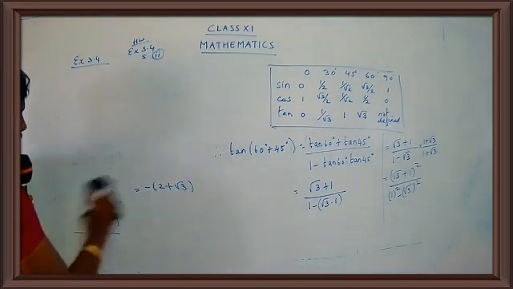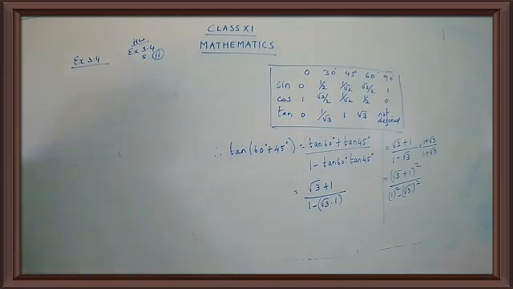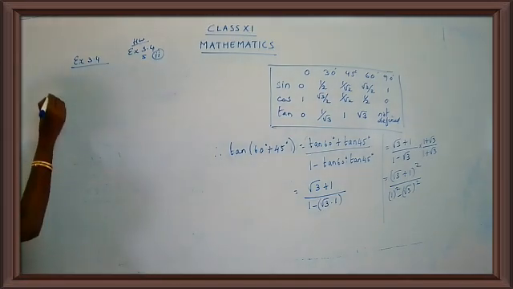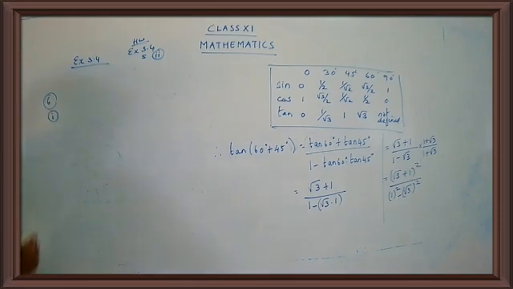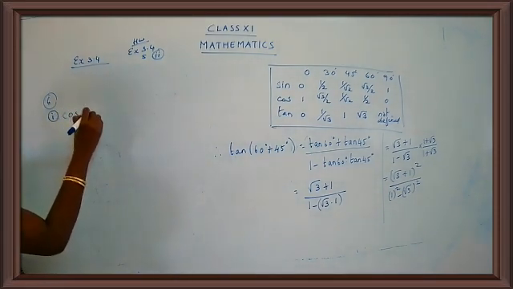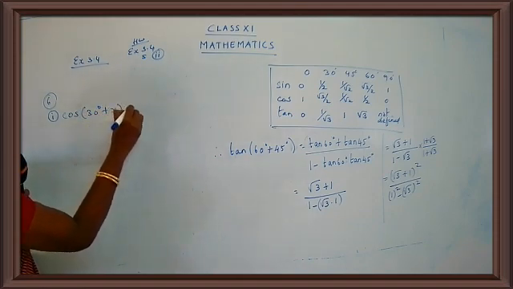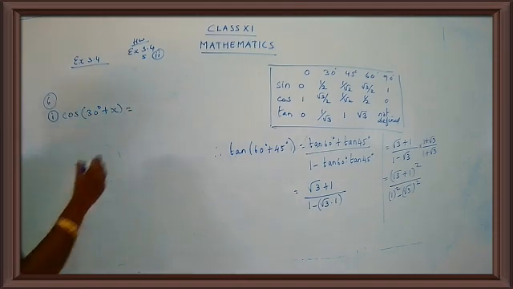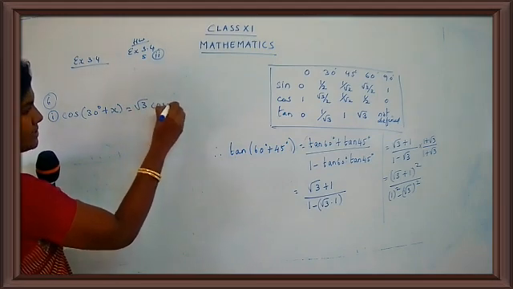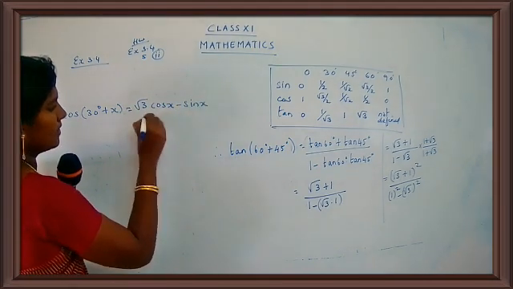Take down the 6th question, the first subpart. First one, cos of 30 degree plus x is equal to root 3 cos x minus sin x upon 2.